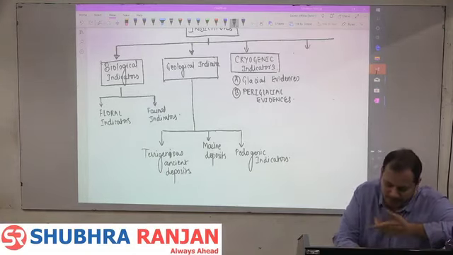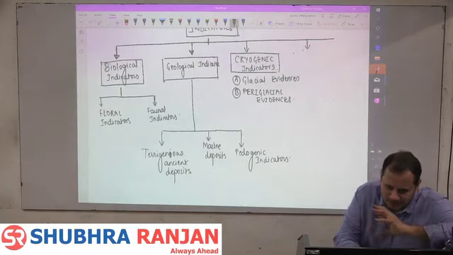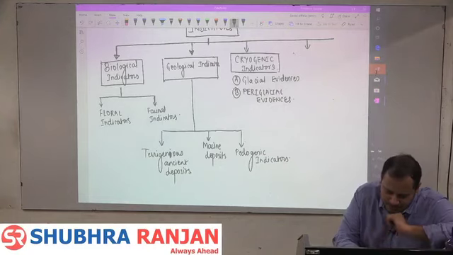Next will be, that is Pleistocene ice age में कहाँ glaciation था etc. Carboniferous में कहाँ glaciation था. You can understand this by the cryogenic indicators.